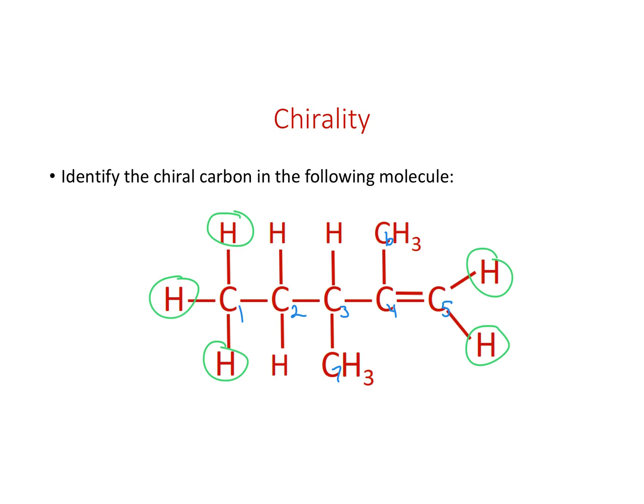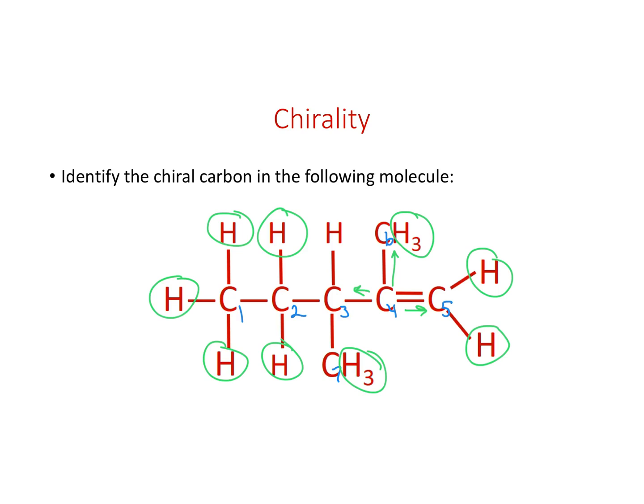That cannot be chiral. Carbon 6, same thing, 3 hydrogens. That cannot be chiral. Carbon 2 has 2 identical hydrogens, so that cannot be chiral. Carbon 4, we're connected to only 3 different things. I'm connected to this carbon, and then this carbon twice, so I cannot have 4 different substituents.